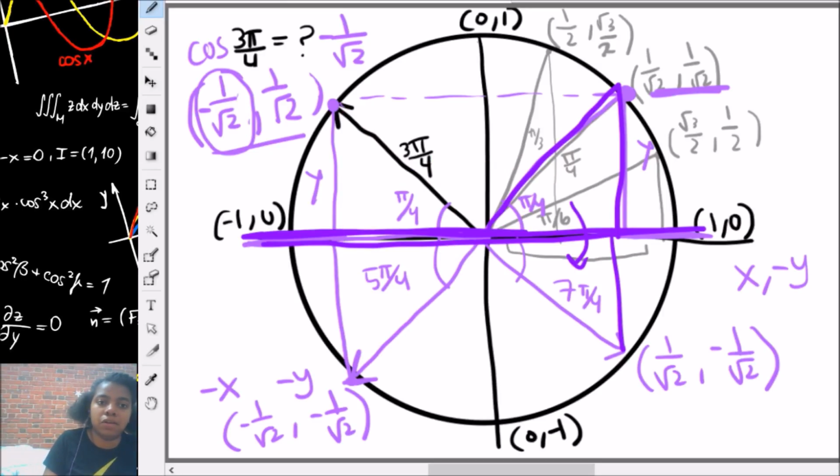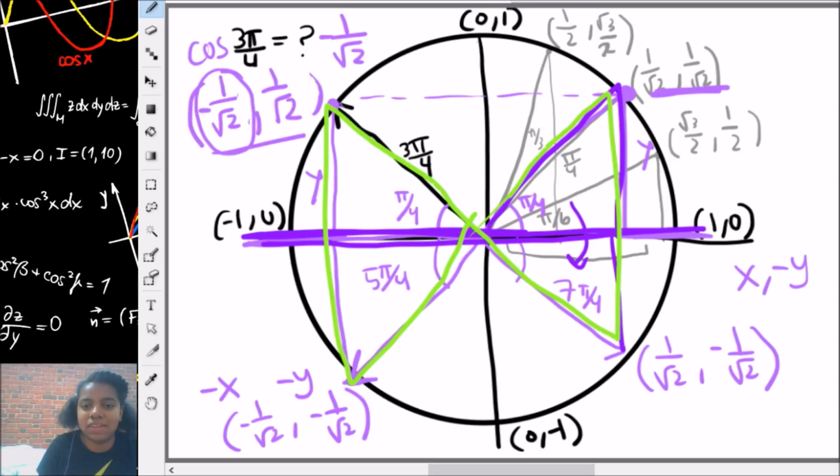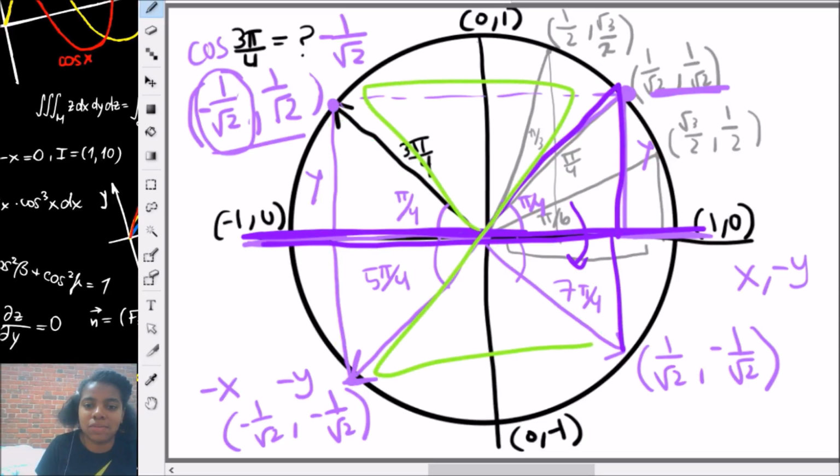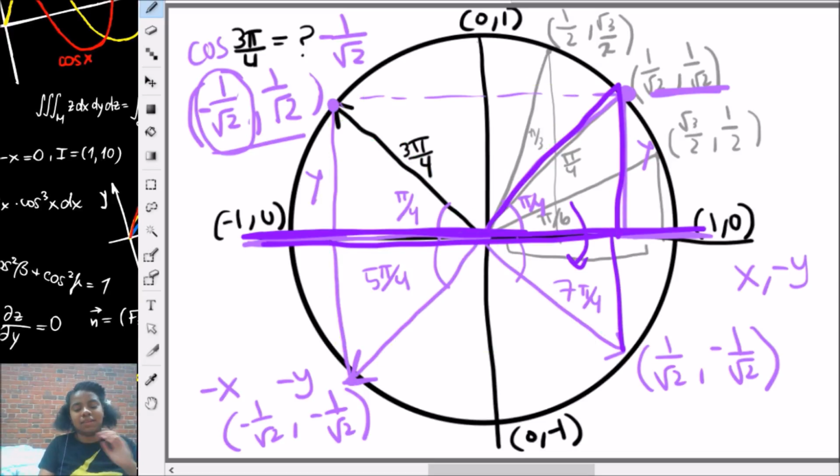So always make sure to make your little bow tie. See, it's a little bow tie. We don't really want hourglasses. We're not cool with that. But yeah, that's pretty much the basics. I can keep going. I don't know.